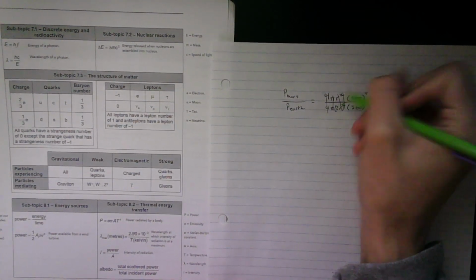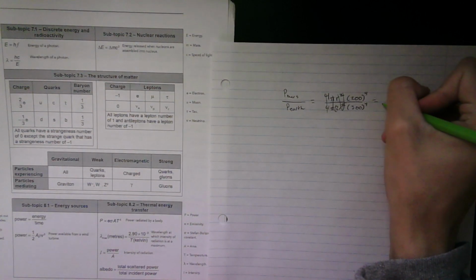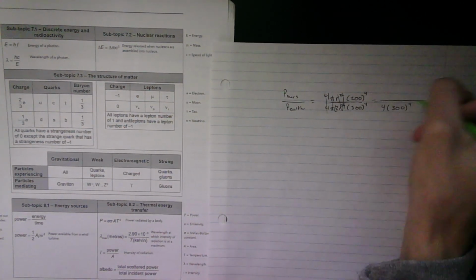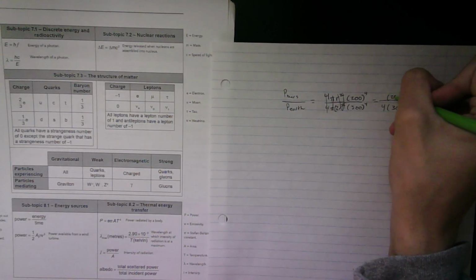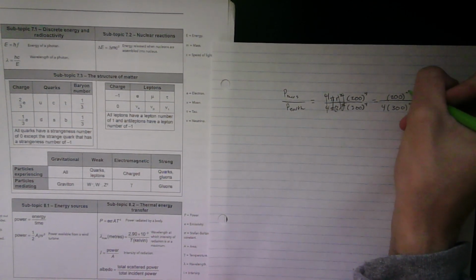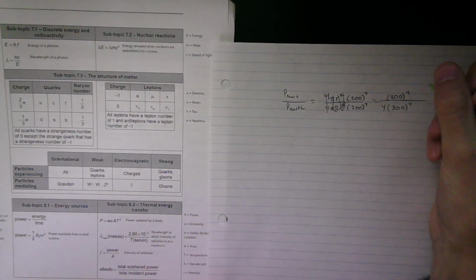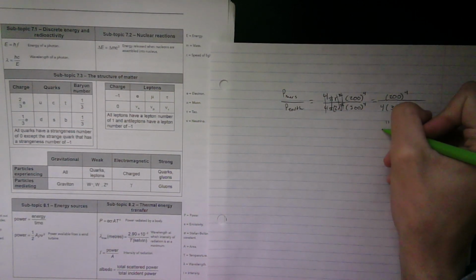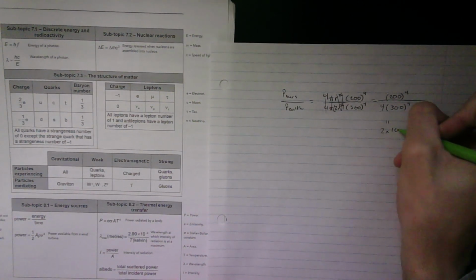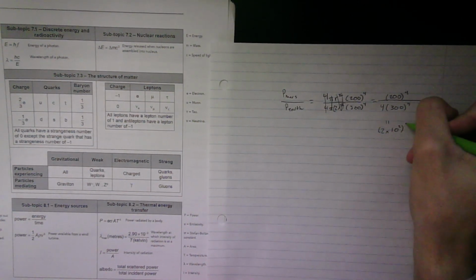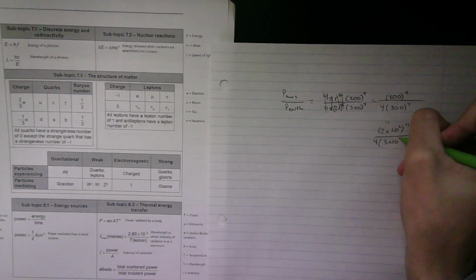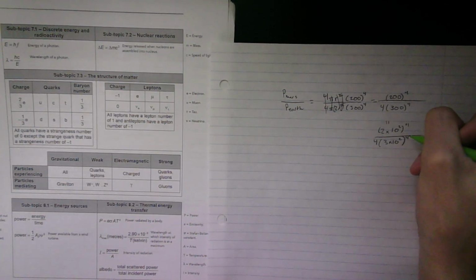So I'm going to be left with, well, this is going to become 4 times 300 to the power of 4, which is going to have 200 to the power of 4 as the numerator. I could write this as 2 times 10 to the power of 2, to the power of 4, over 4 times 3 times 10 to the power of 2, to the power of 4.